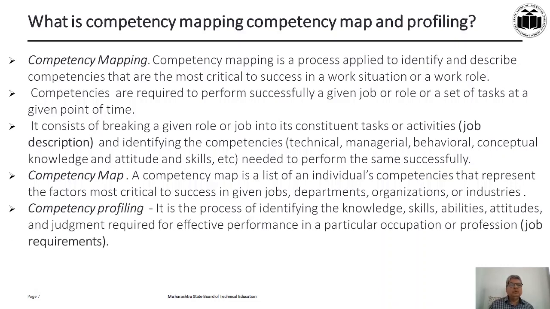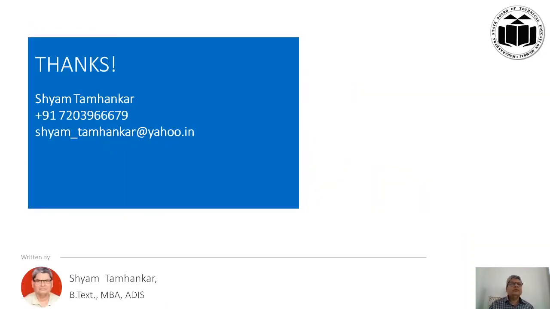When you do competency mapping to create a competency map, that process is called competency profiling. So it is the process of identifying the knowledge, skills, abilities, attitudes, and judgment required for effective performance in a particular occupation or profession. So friends, this is all for this unit outcome 5 part A.